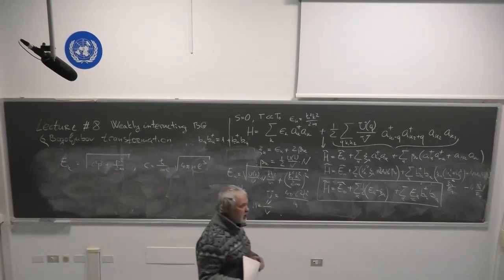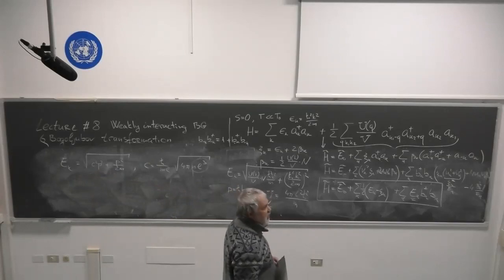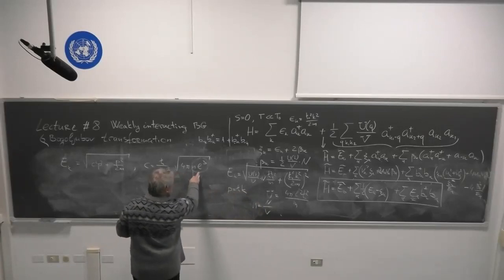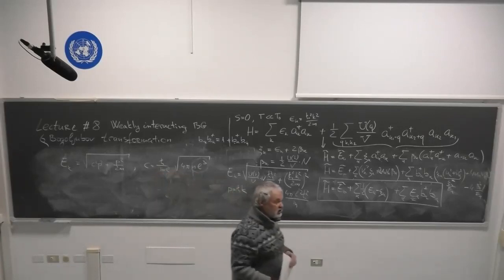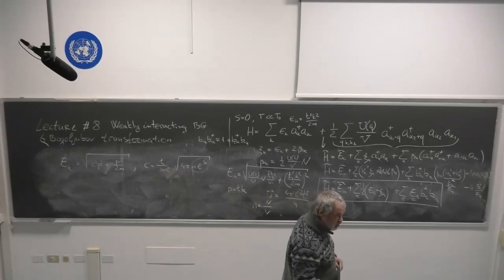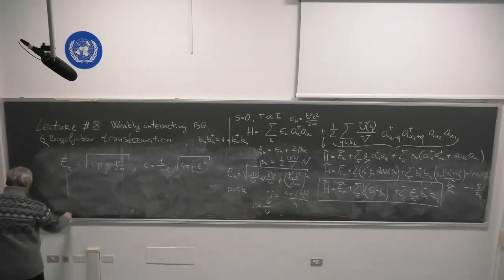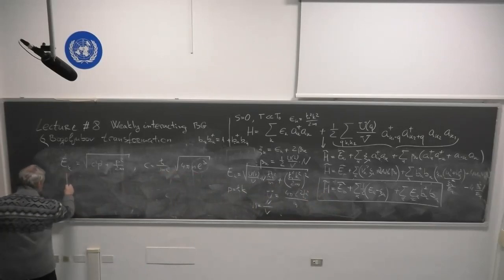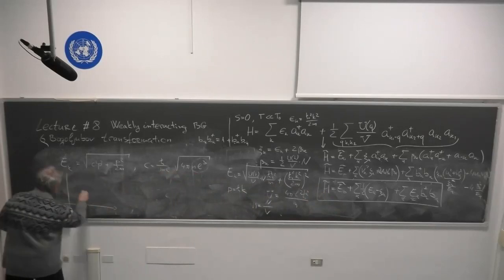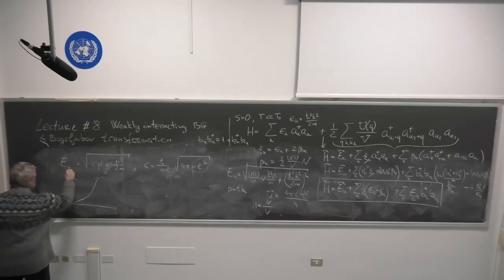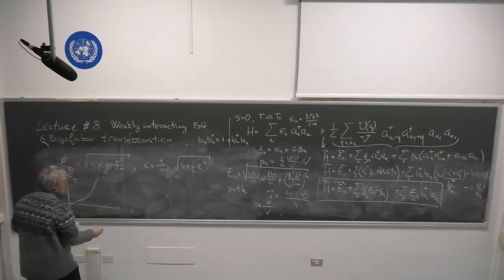Indeed, we took into account the effect of interaction, and we found that it results in sound-like excitations. However, the sound velocity is proportional to the square root of the gas parameter. So if we plot this spectrum, for small k, for small p, it goes linearly, and for large p, it goes quadratically.